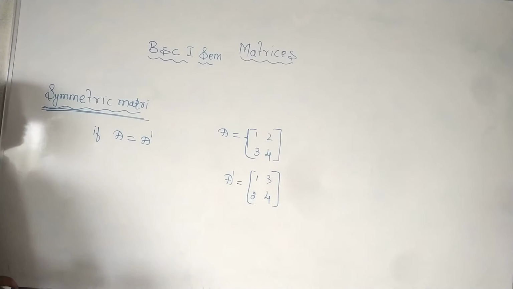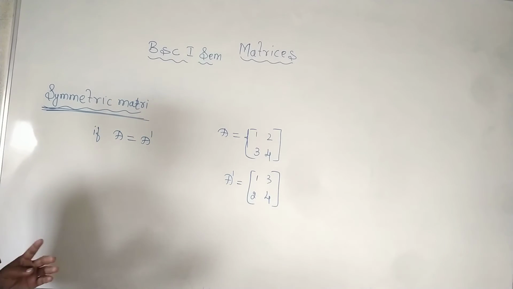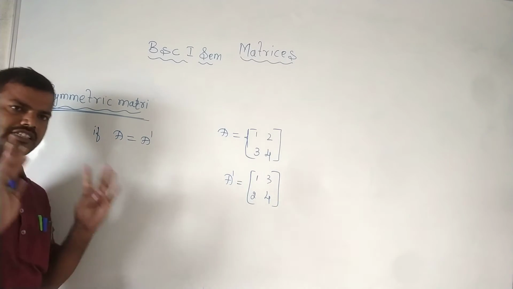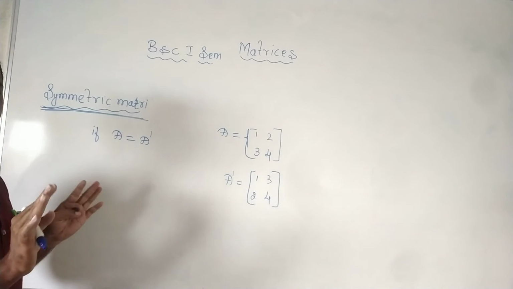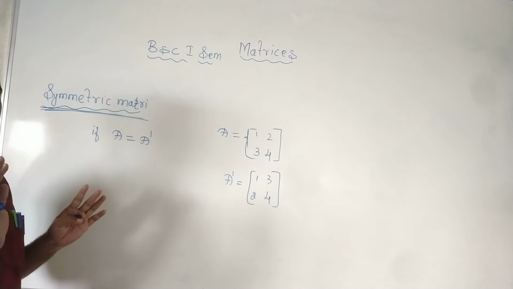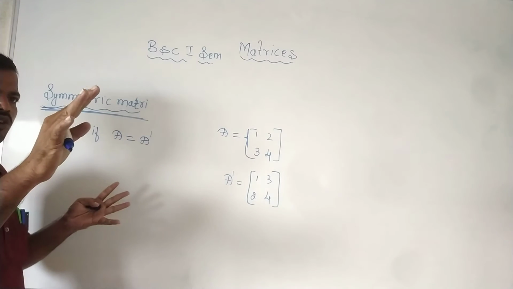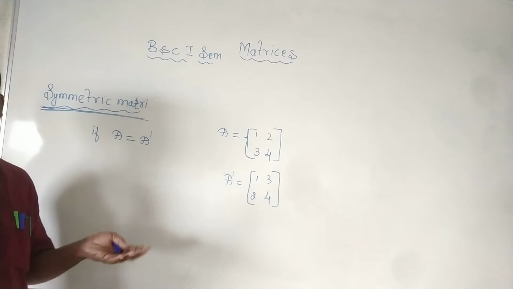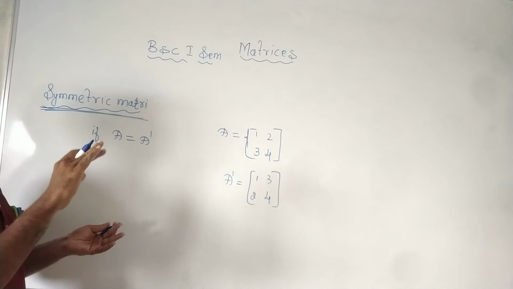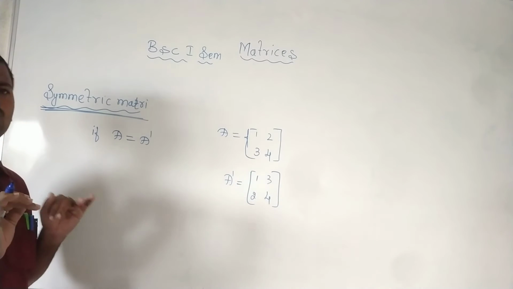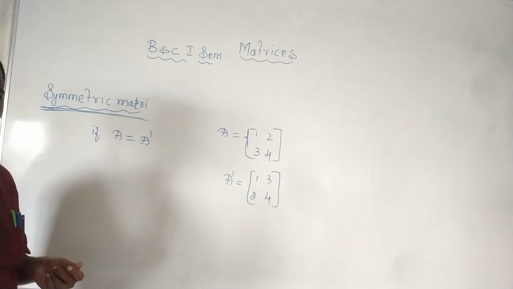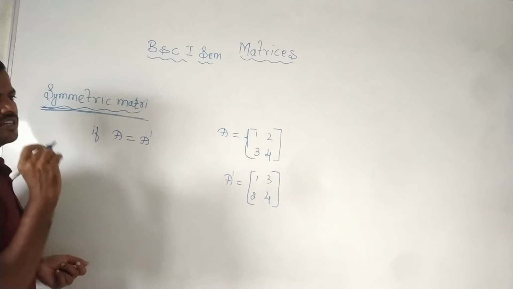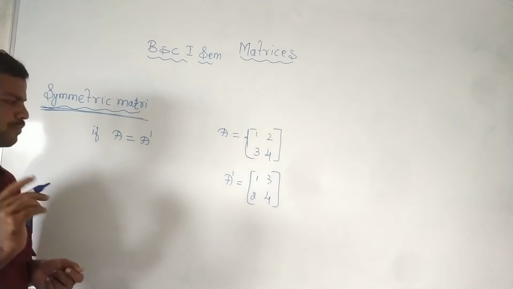How do we easily identify a symmetric matrix? Simple: for a given square matrix, if we fold along the principal diagonal, we should observe the same image on the other side of the principal diagonal.